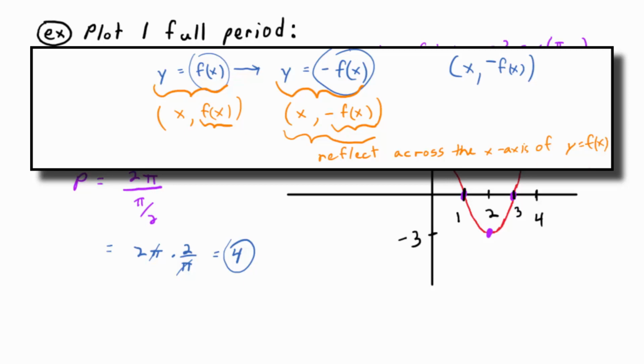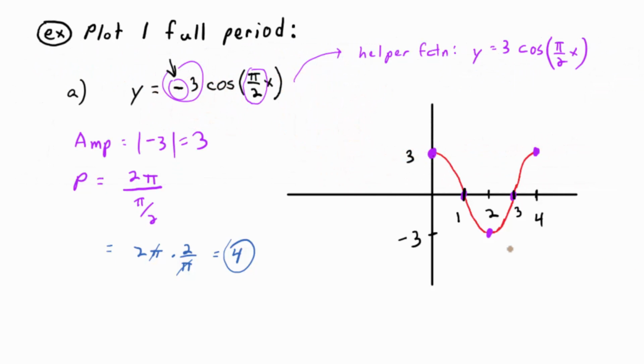So now, if I know that this graph in red is the graph of my helper, y equals 3 times cosine pi halves x, what is the graph of the given function, y equals negative 3 cosine pi halves x, going to look like? Well, you'll reflect the helper across the x-axis.